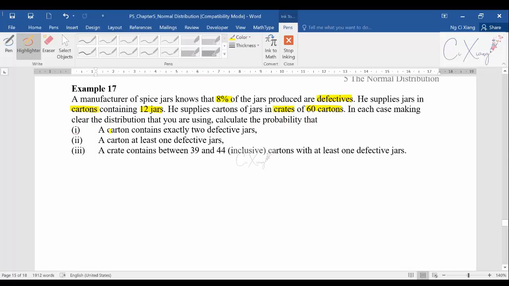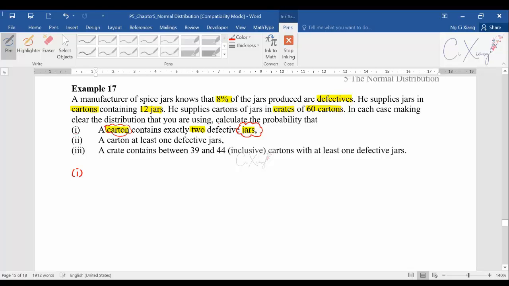Okay, so first, a carton contains exactly 2 defective jars. For this one, we are talking about the number of jars, right? In 1 carton, how many jars do you have? 12. So out of the 12 jars, there are 2 jars where something happened.